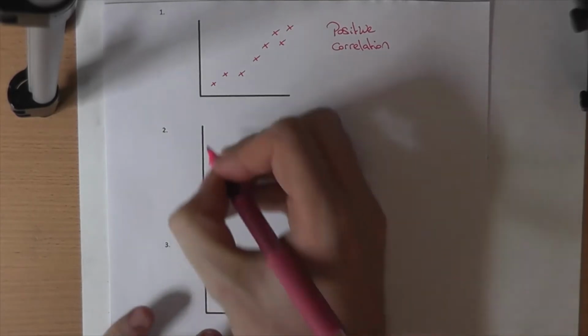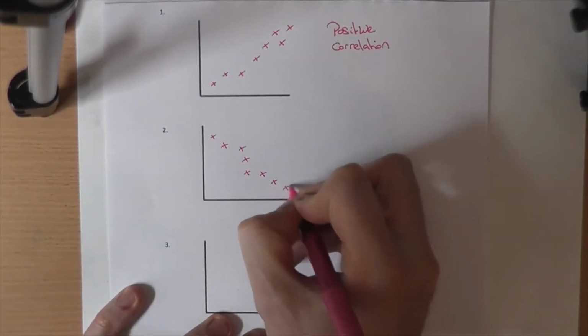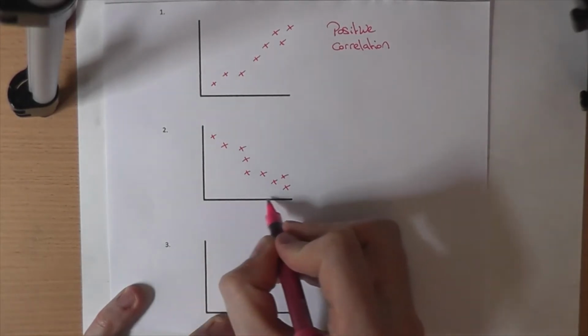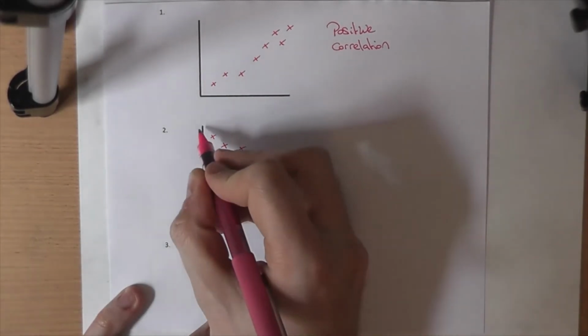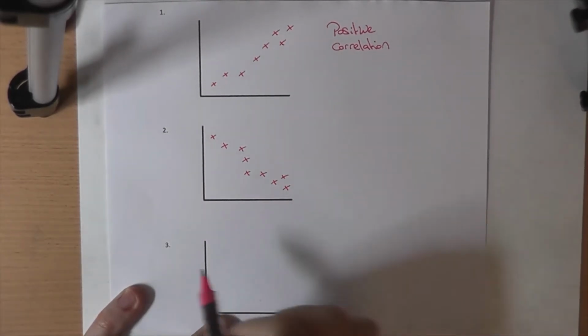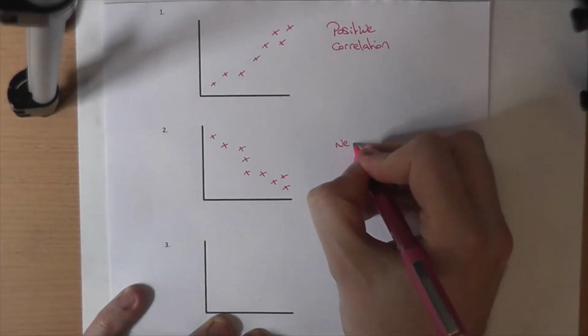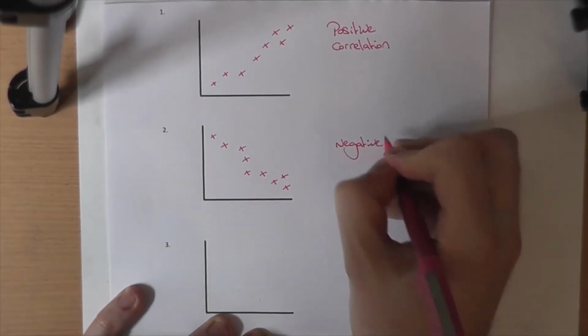We could have the opposite of that. A general downward trend. As one piece of data here increases, the other one decreases in size. So as we move along the bottom and get bigger, we get smaller up the side. And that is a negative correlation.